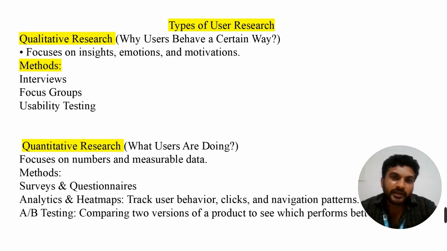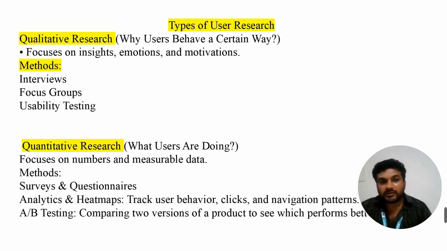Qualitative research asks why users behave a certain way. It focuses on insights, emotions, and motivations. The methods in qualitative research are interviews, focus groups, and usability testing. Quantitative research focuses on numbers and measurable data. The methods are surveys and questionnaires, analytics, heat maps, and A/B testing, which is comparing two versions of the product to see which performs better.